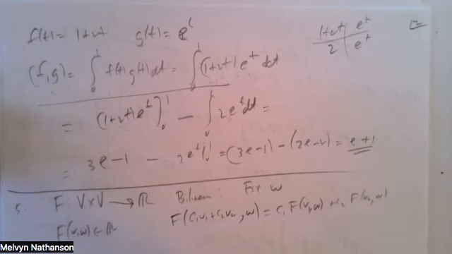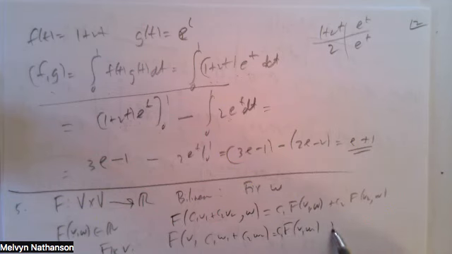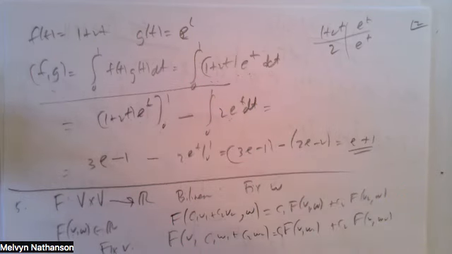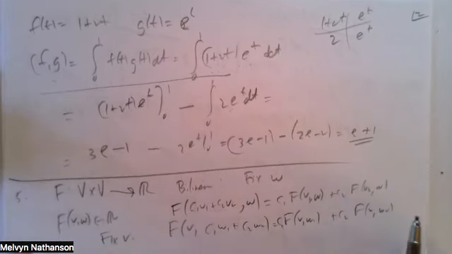And similarly, if you fix V, f of V times some linear combination, C1W1 plus C2W2, that's C1 f of V, W1 plus C2 f of V, W2. So that's just the definition of bilinear.